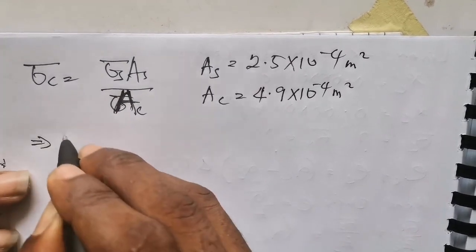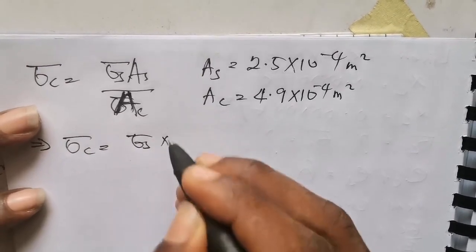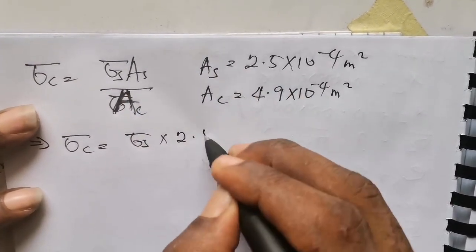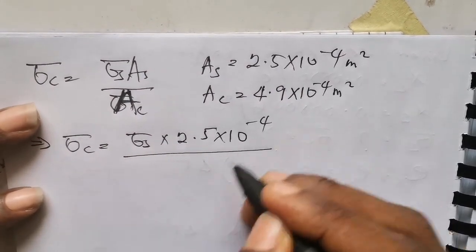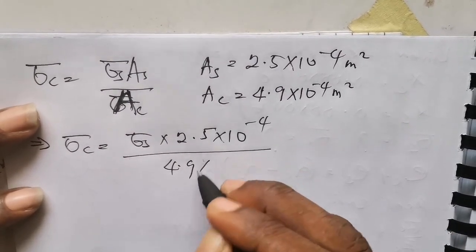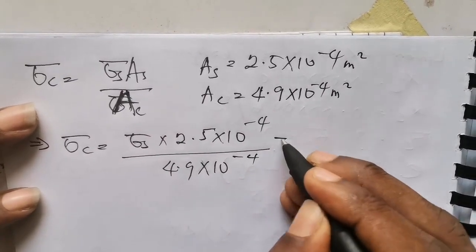So this simply implies that the stress of copper is equal to stress of steel times area of steel 2.5 by 10 to the power of minus 4 all over area of copper 4.9 by 10 to the power of minus 4. So let's obtain this ratio.